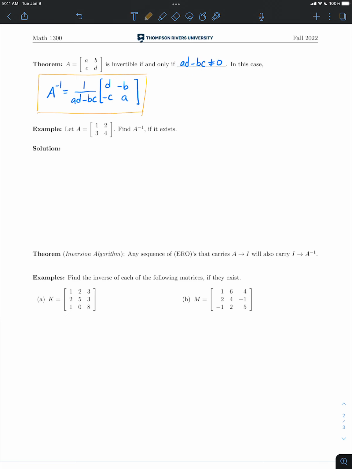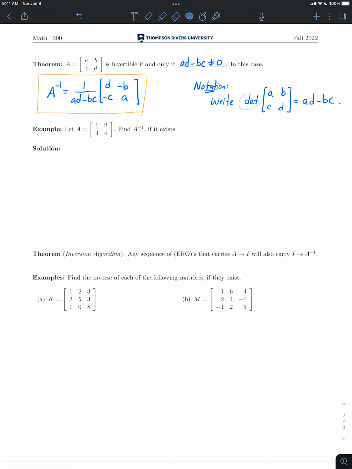Okay, and this quantity here is important enough that we actually give it a name. For now, I'm just going to mention it, but we'll study this in more detail later. We call this quantity the determinant of the matrix A. So let's say the det of this general 2 by 2 matrix is equal to a times d minus b times c.